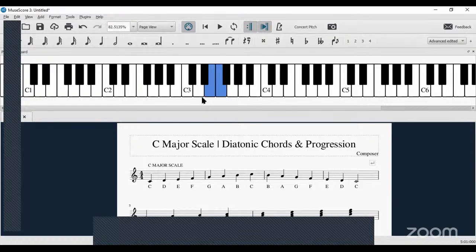Now someone is saying, how come from D to E is a whole step and you're just playing the two white keys that are beside each other, but all of a sudden E to F, which are also two white keys that are beside each other, is only a half and not a whole? What's the difference between these two and these two?